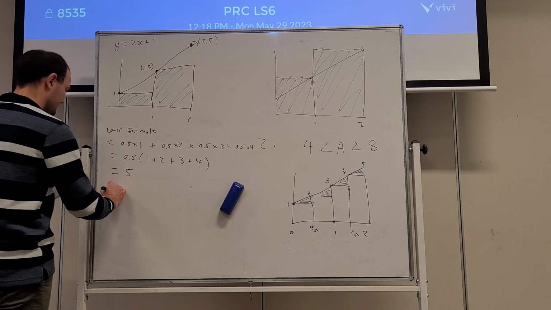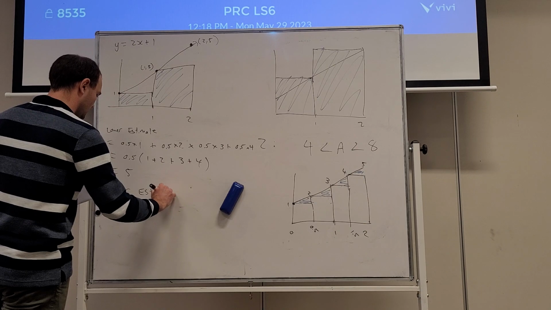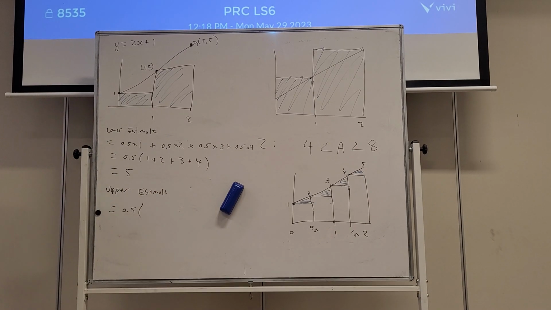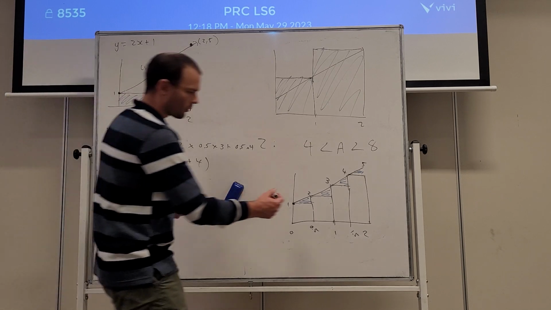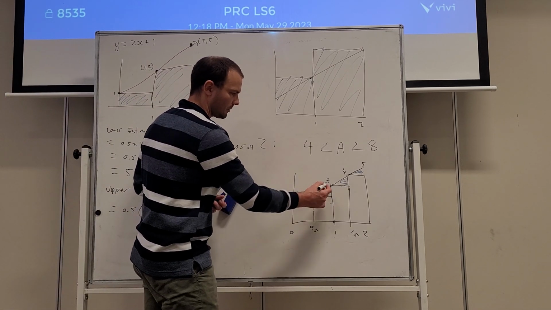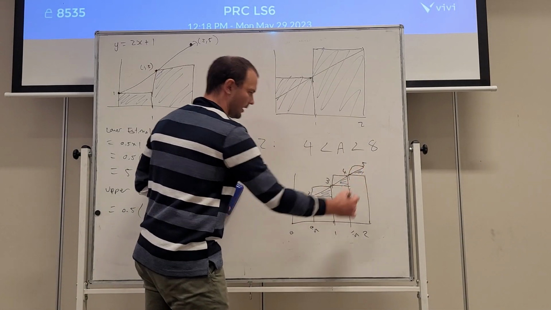Okay, for our upper estimate. The width is the same, so we'll factorise the 0.5 straight away. And for our upper estimate, we're drawing the rectangles from the top end, aren't we? So we're going there, there, and there.